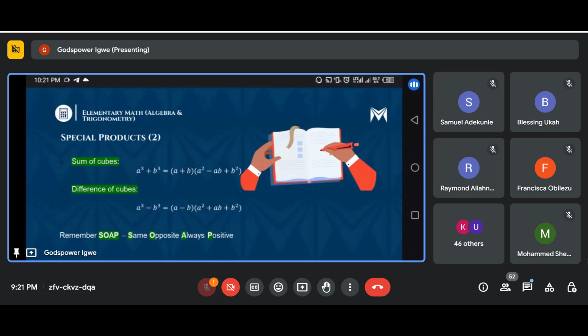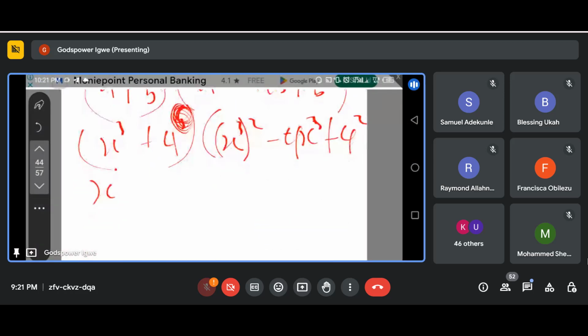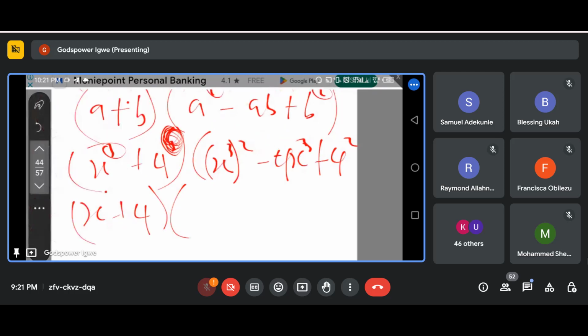Truly, they didn't carry those powers. So this thing I'm doing is wrong.